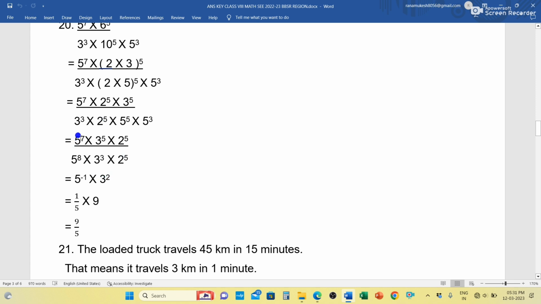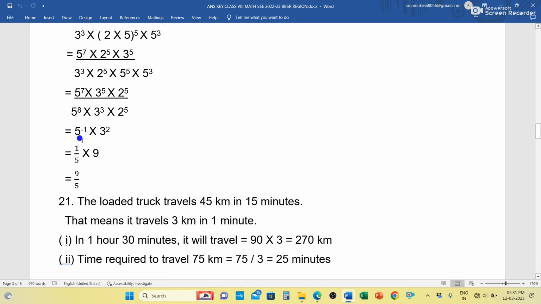Then 5 to the power 7 divided by 5 to the power 8, that means 5 to the power 7 minus 8, that will be minus 1, and multiplied by 3 to the power 5 divided by 3 to the power 3, that means 3 to the power 5 minus 3, that means 3 to the power 2, and 2 to the power 5 divided by 2 to the power 5 will be 1, so need not write.